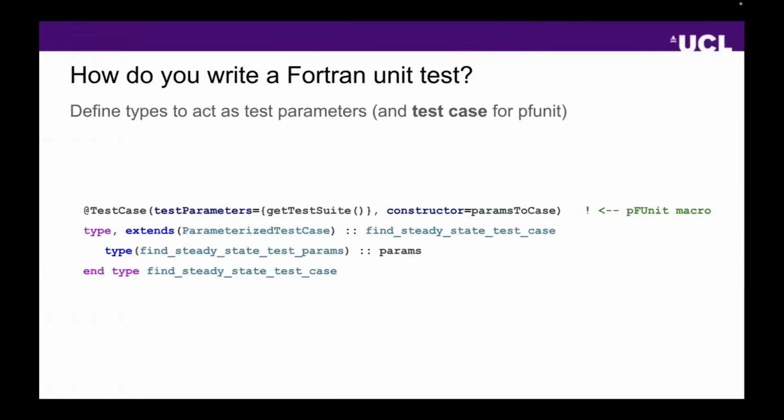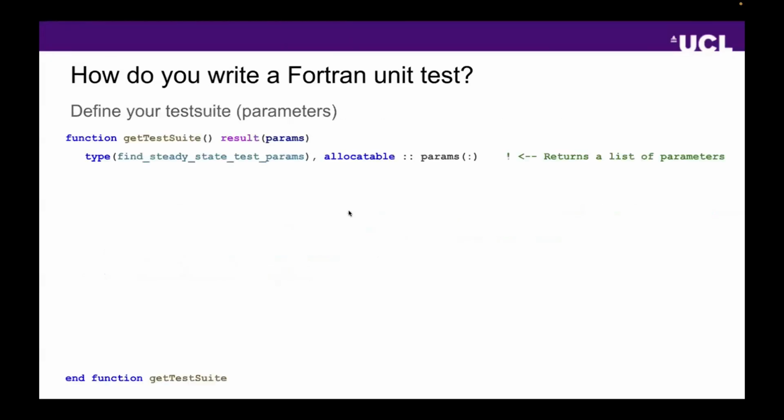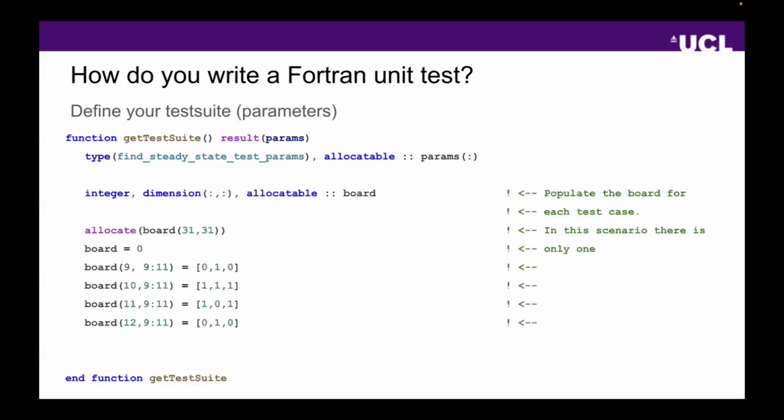So I'm going to go back to the slides just to show this, and we can do that. So this is going to be a function, as I mentioned. This is going to return an array of test parameter type, such that we can define sets of different parameters. So we want to build up our input that we're going to pass in.